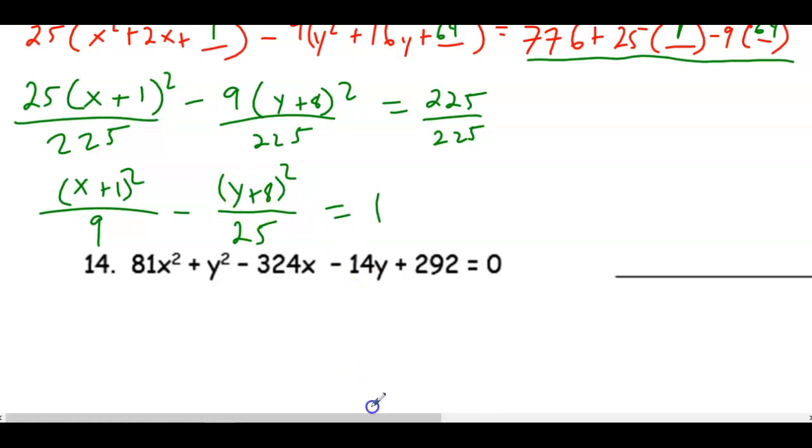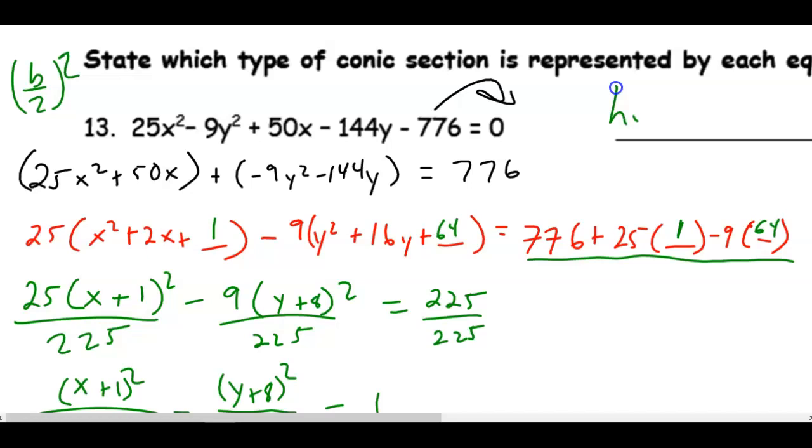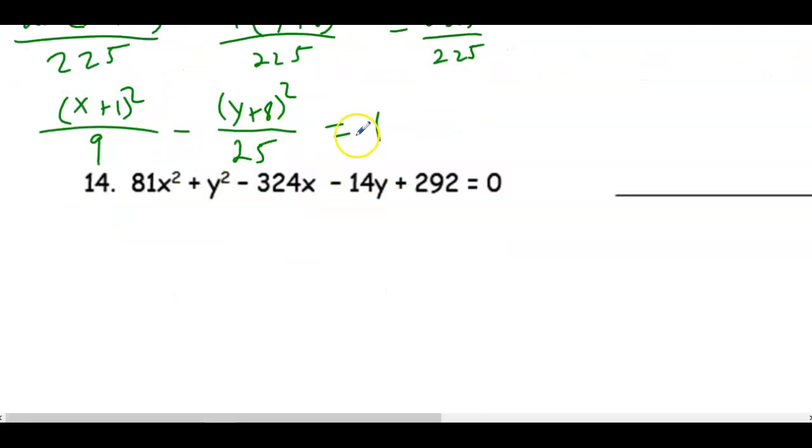And that's how I know it's a hyperbola. Right there, there's our standard equation. Negative 9 over 225 is negative 1/25. Anyway, there's your standard equation, and we stated that it was a hyperbola.